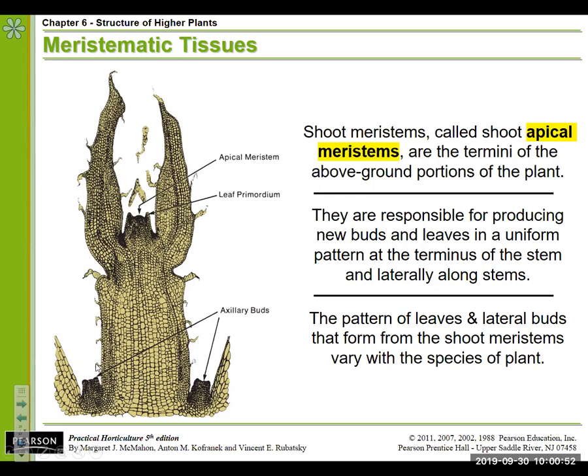The apical meristem, though, is the top of the plant, what we consider in many plants to be the leader. That's also where a lot of these chemicals, especially the hormones, are kind of concentrated and move throughout the plant to assign different tasks to different cells, dividing in the other meristems.